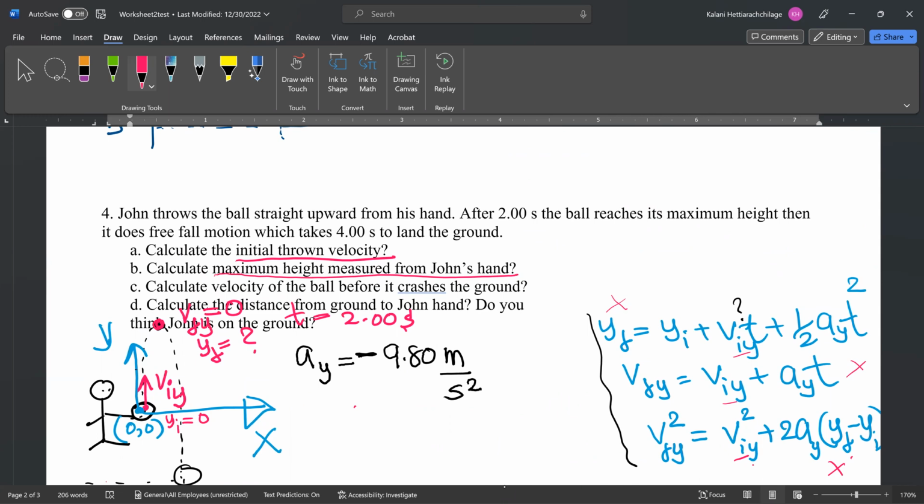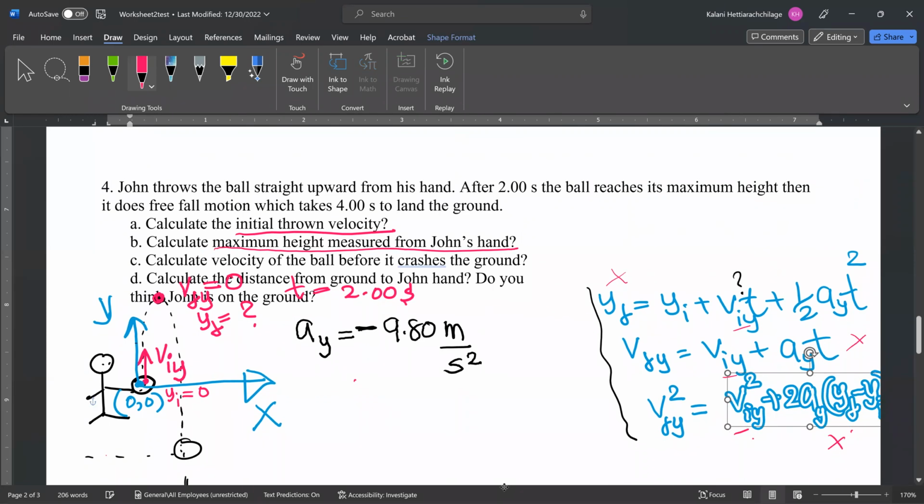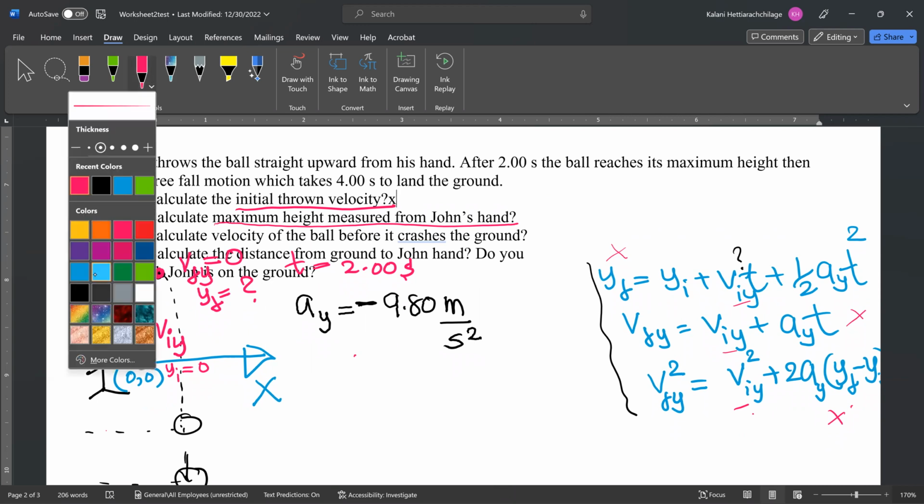Calculate the velocity of the ball before it crashes into the ground. So we need to calculate the final velocity when it crashes into the ground. Since I am working with this crashing part, I need to think about the part that I need for the problem.